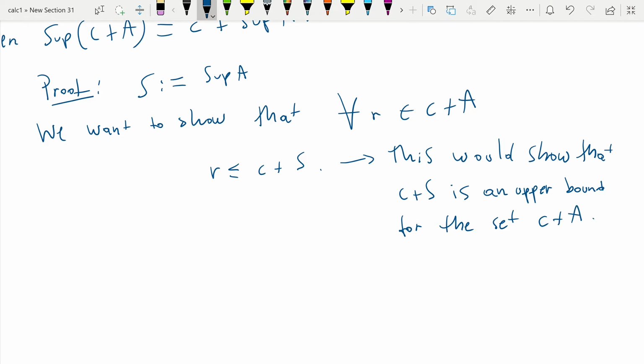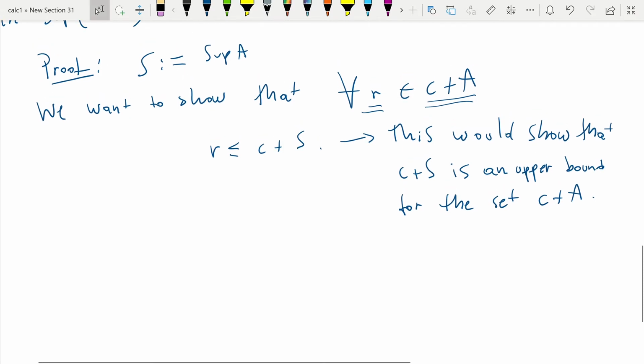We're picking any element R in the set C plus A, and we are arriving at the conclusion that no matter what R is, R is less than or equal to C plus S. So C plus S will certainly be an upper bound for the set C plus A.